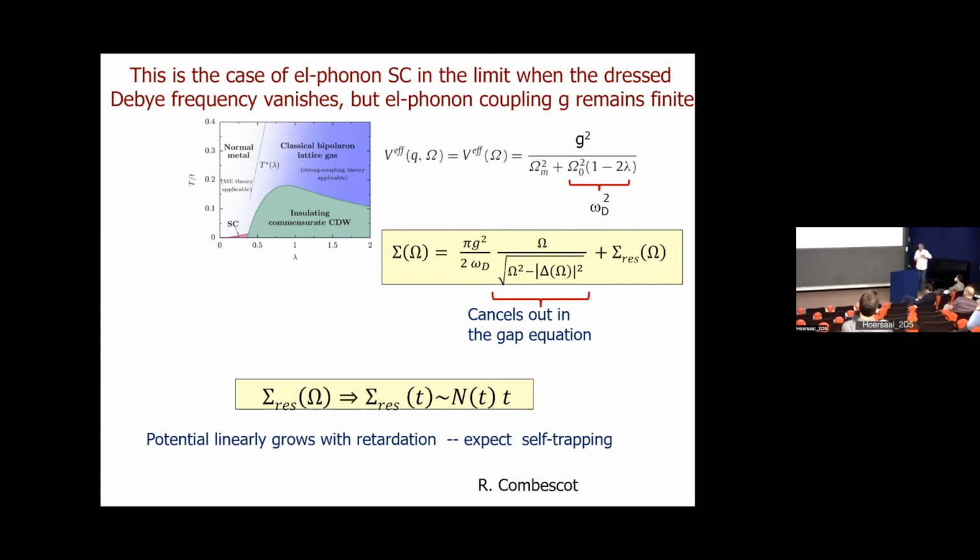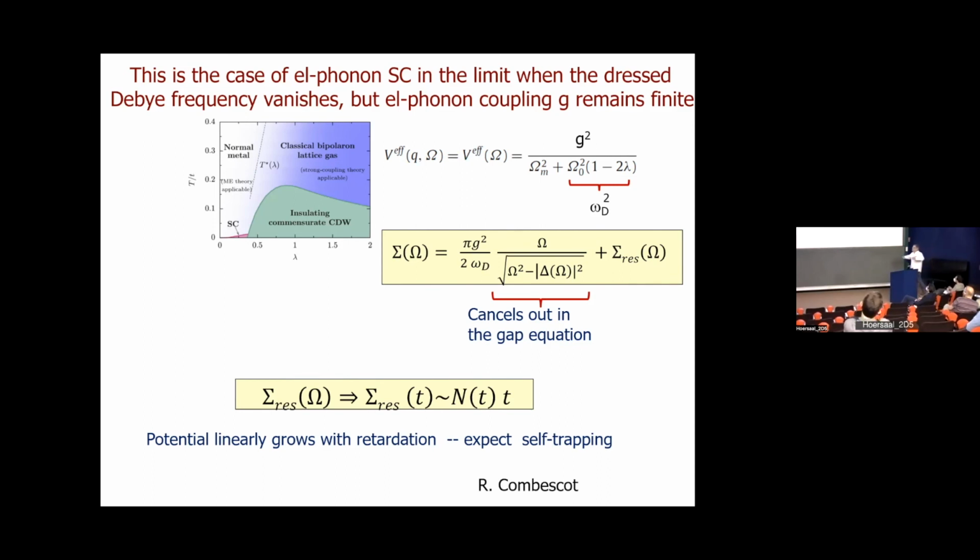And incidentally, there are a lot of stories about the inapplicability of Migdal-Eliashberg theory when the coupling is of order 1, which is all true about the normal state. But the beauty of Eliashberg theory for superconductivity is that all this formally divergent piece cancels out in the gap equation. So we have a perfect non-divergent theory for superconductivity. Anyway, this part of the self-energy cancels out, but what is left over, if you convert it from frequency to time, you find that it's a linear function of time.